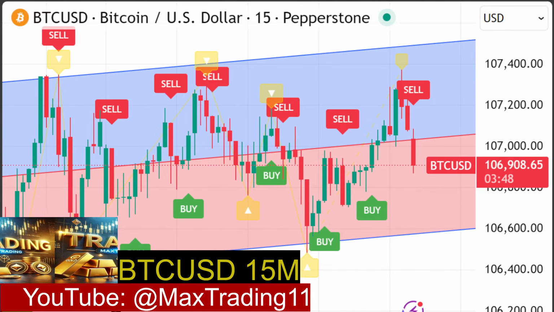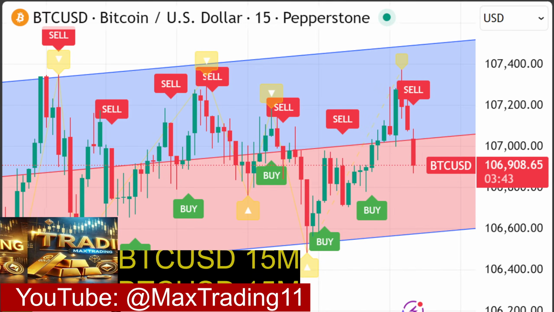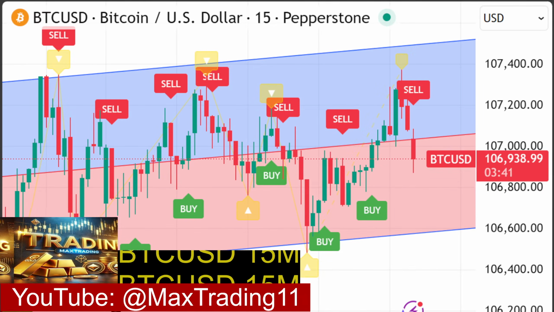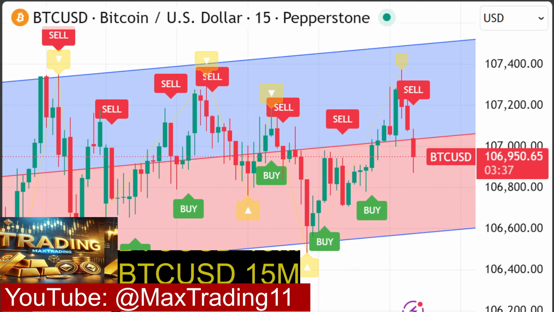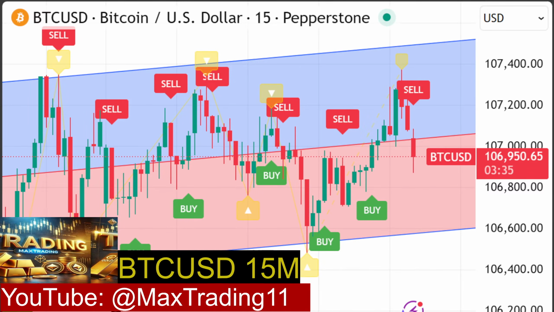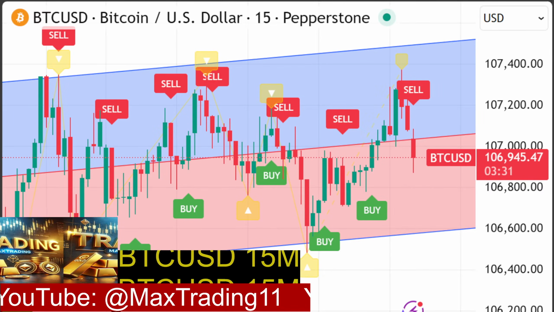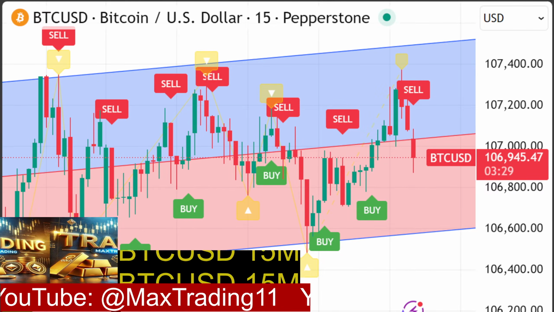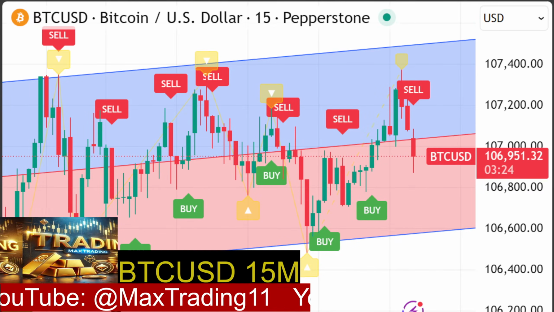In essence, the price channel is not just an indicator, it's a framework for market structure, discipline, and timing. Whether the trend is bullish or bearish, the logic remains the same. Wait for confluence, confirm with structure, and execute with patience.